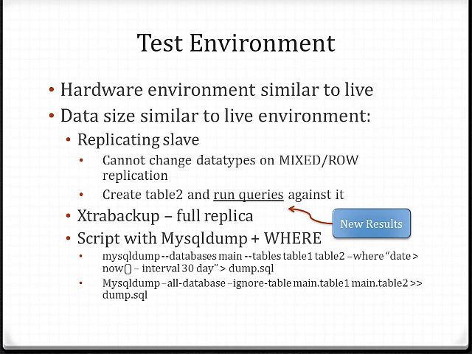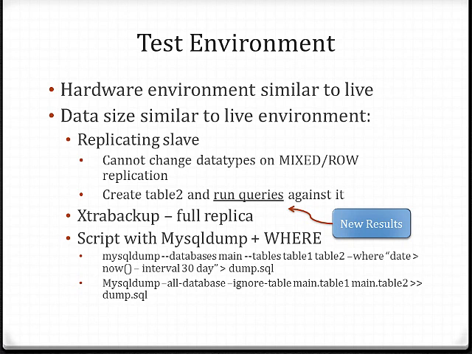You can also, if the data is too big or you just want to test certain tables, set up a test environment where you won't have all the table sizes of the live environment, but you have the last 30 days, the last 90 days of the biggest tables, and the rest will be fine.